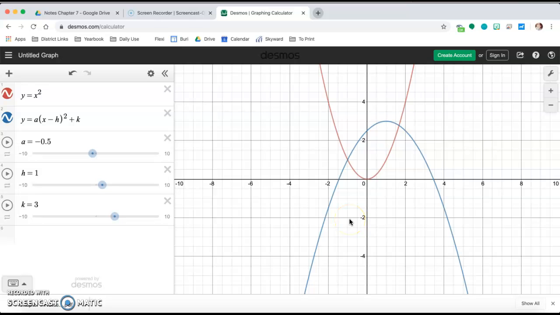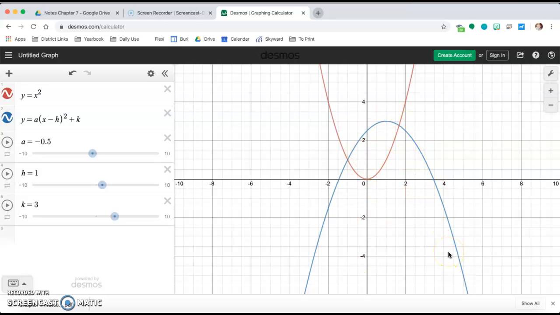So by adjusting that to negative 1/2, it increases width and it flips it over the x-axis. So it flips the parabola upside down, however you want to say that. Notice the vertex didn't change. All that changed was the physical movement of the graph to the bottom.